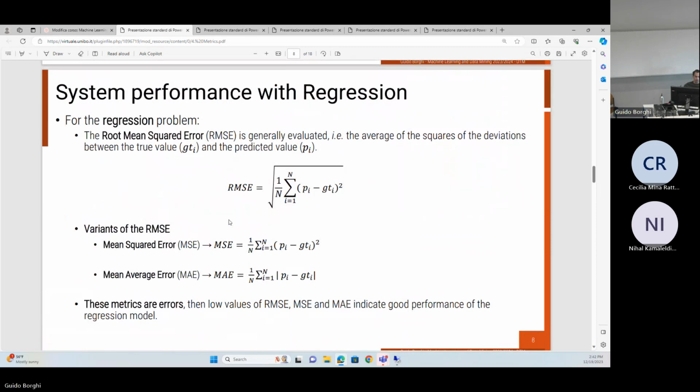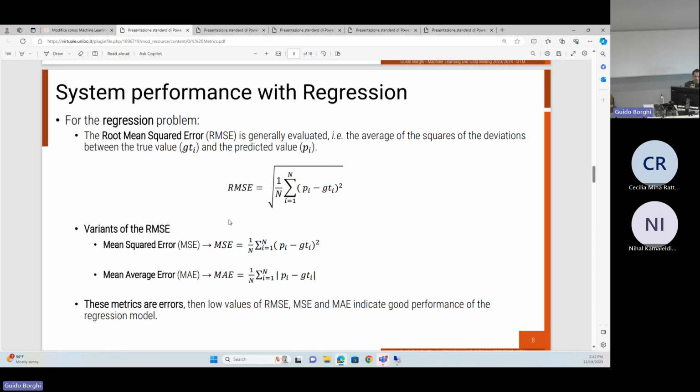Okay. The interesting thing, and also the positive element for you, is that we can use the loss function also to compute the system performance, since we can use the same equation to understand if the predictions are good or not.